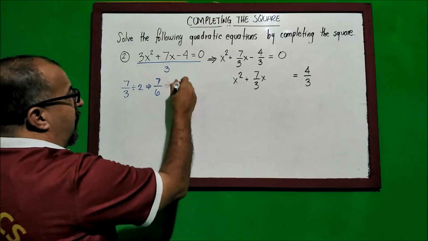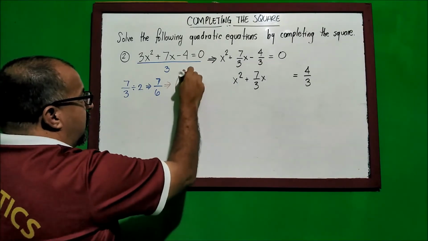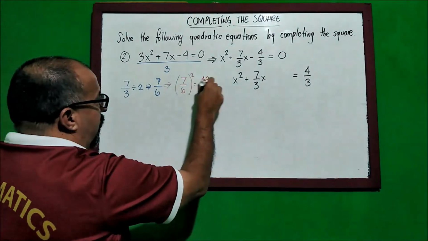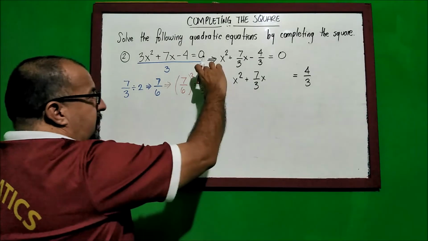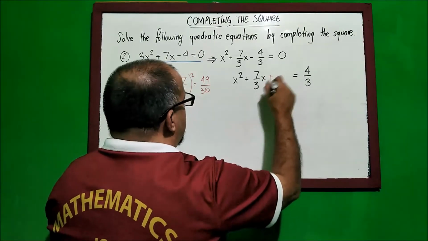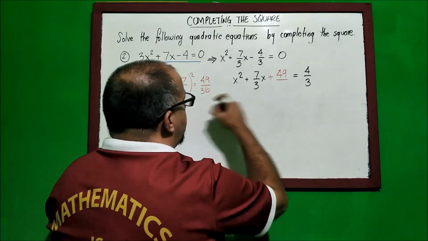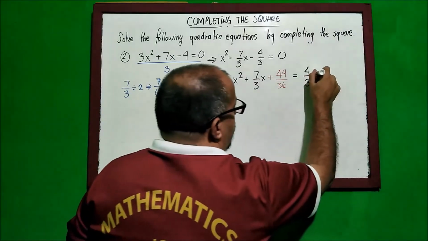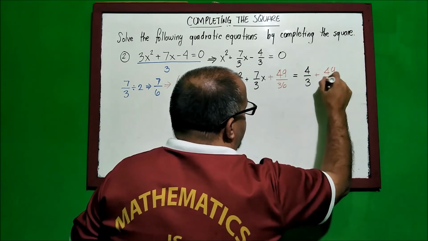So I'm going to square the result, 7/6 in here, and the final answer will be 49/36. This is the element that goes filling up this little space that we left in here. So 49/36. And since I added it in here, I am also going to add it on the other side of the equation.